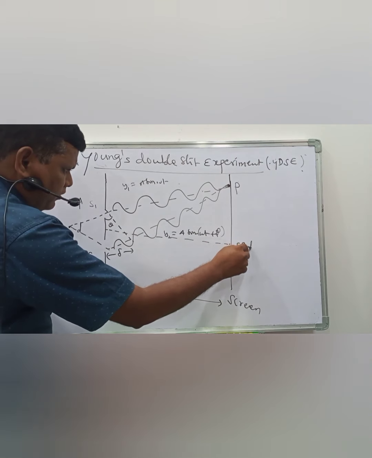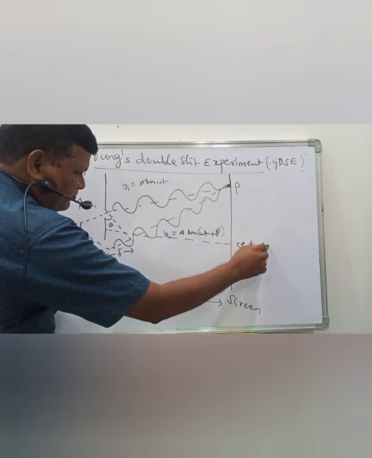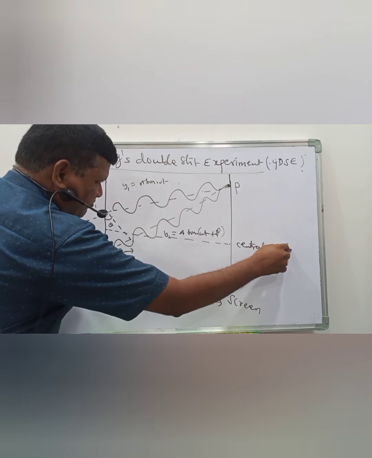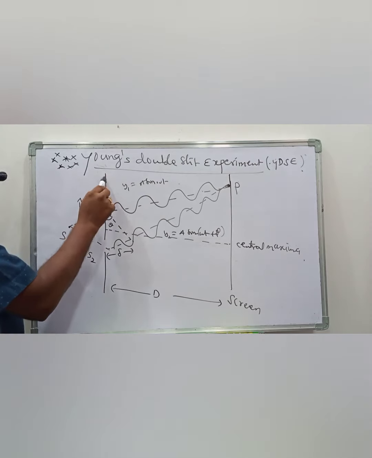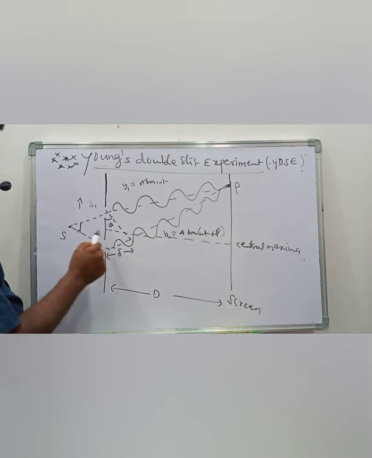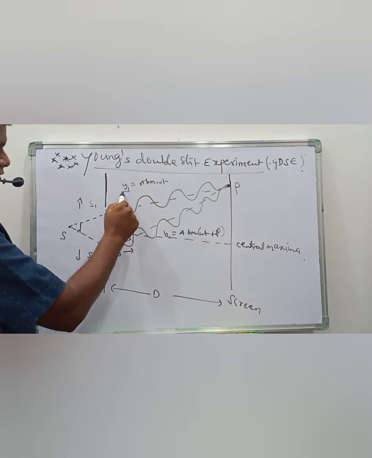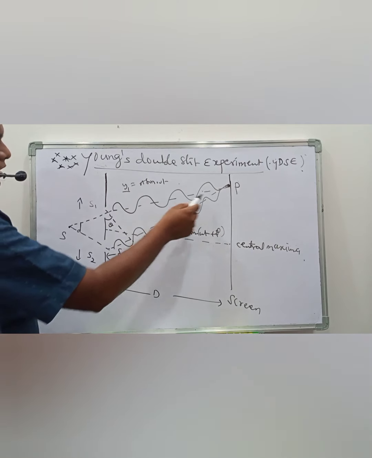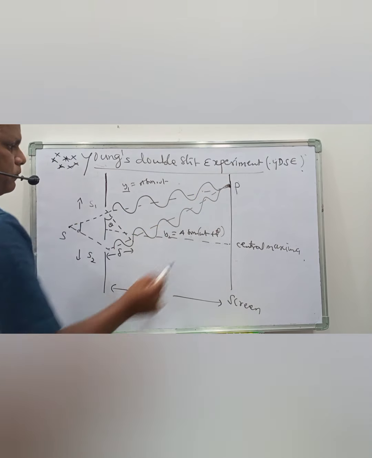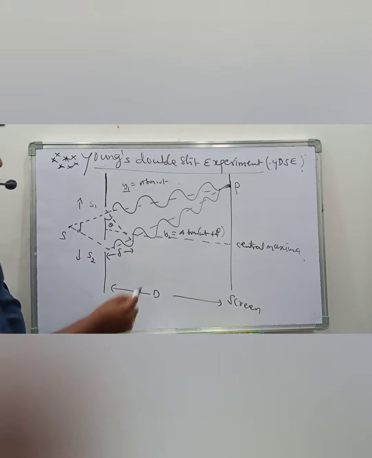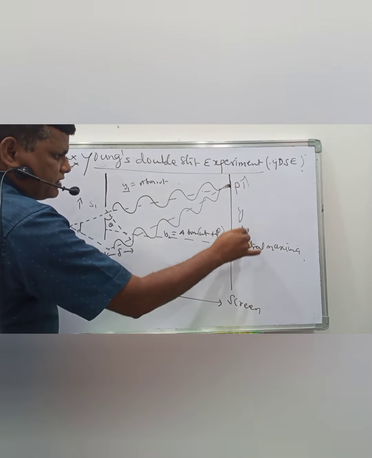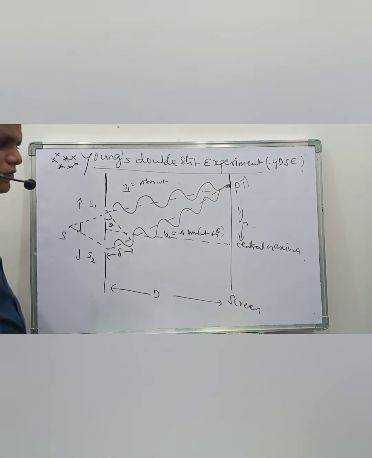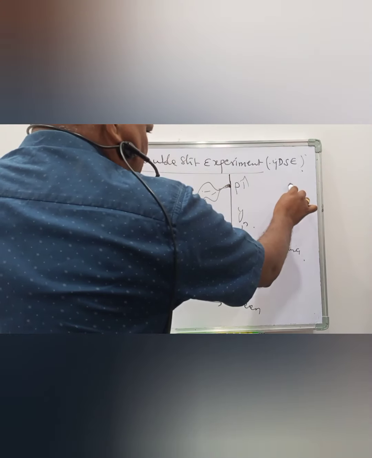Central maxima here. The two waves of displacements y1 and y2 are superimposed at a point P. Thereby bright and dark bands appear on the screen, which look as shown in the figure.